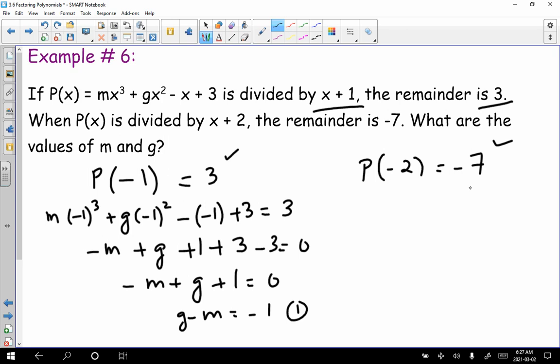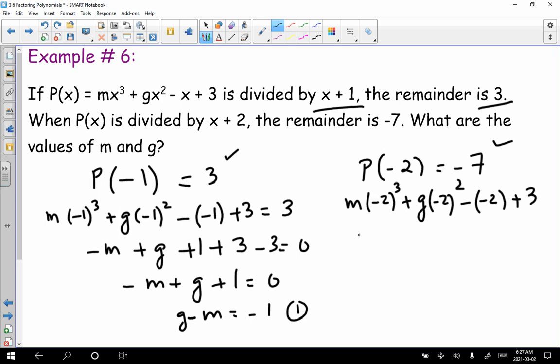Now let's try the same thing with p of negative 2, which is equal to negative 7. That is m times negative 2 cubed plus g times negative 2 squared minus negative 2 plus 3.